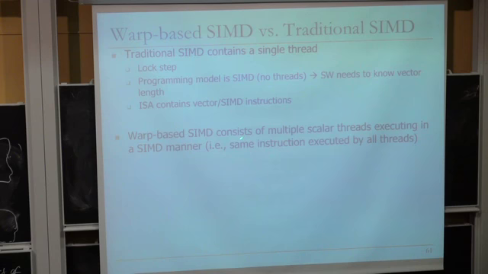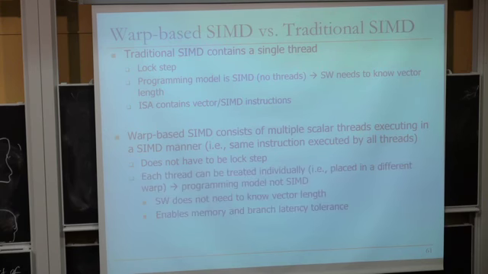Whereas warp-based SIMD consists of multiple scalar threads executing in a SIMD manner. Basically, the same instructions are executed by all threads, but the programming model is really different. It does not have to be lockstep, meaning you don't finish one instruction to go to the next instruction. And each thread can be treated individually. This gives you some opportunity to do optimization, both at the hardware and software layers.